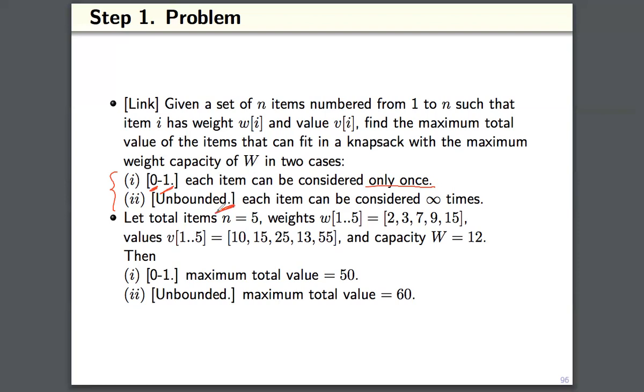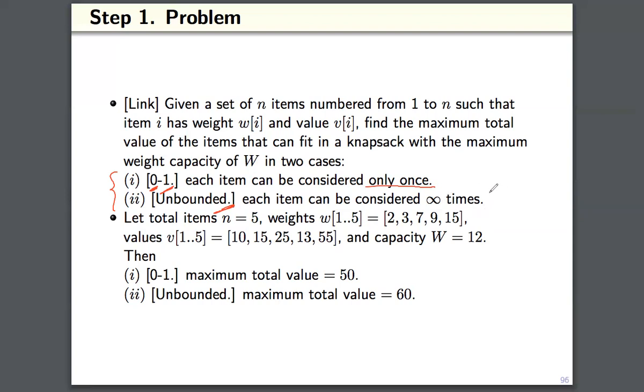Okay, what is this unbounded variant? That means each item can be considered an infinite number of times. Assume that, suppose it is a notebook, right? You have infinite copies of a notebook. So you can decide when to stop, right? Unbounded or unlimited copies of that item.